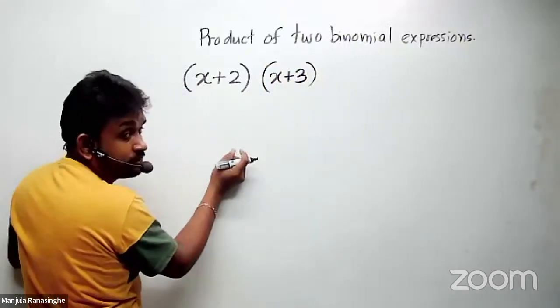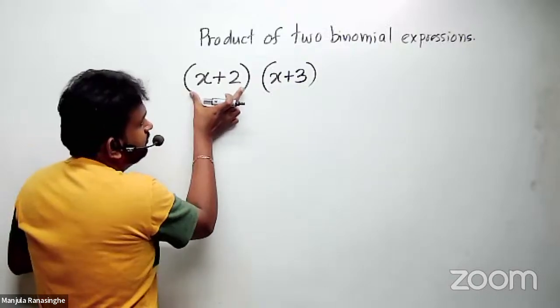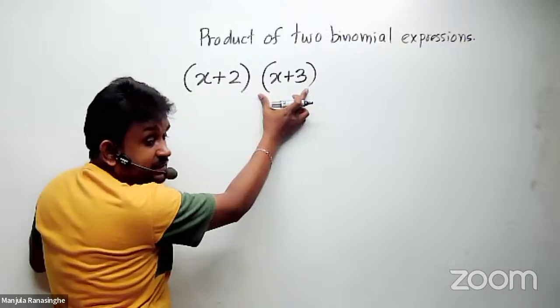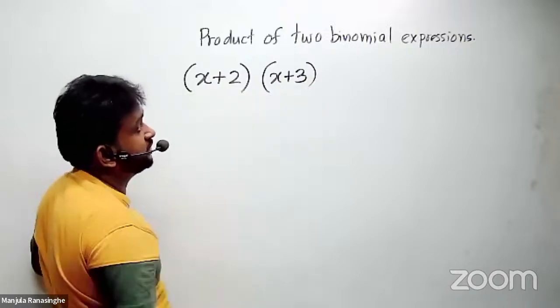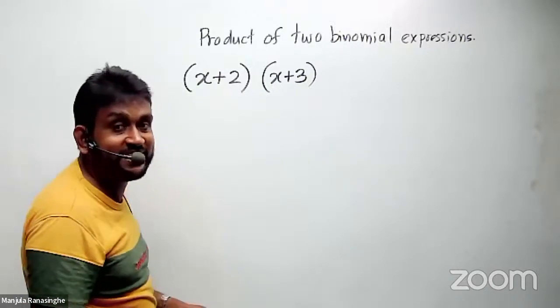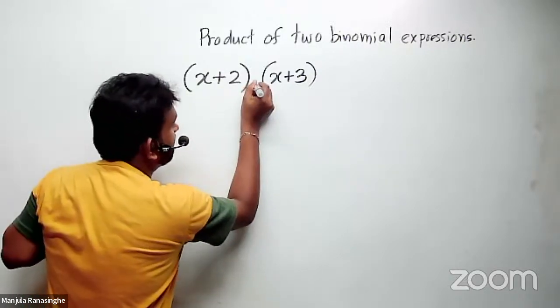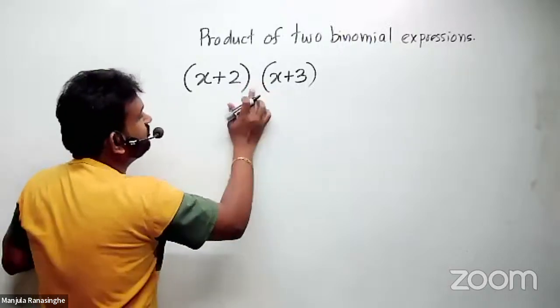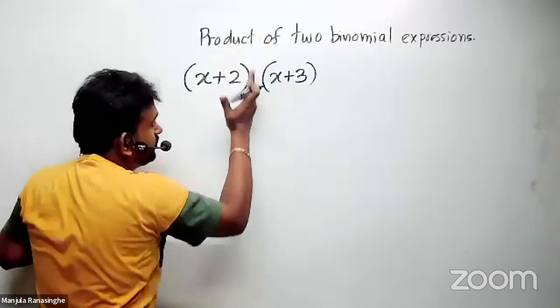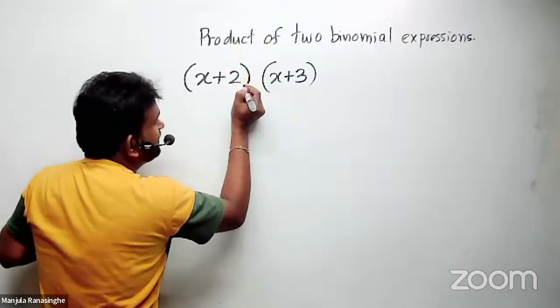So now I have two binomial expressions, and here I need to find the multiplication product. Product means the multiplication. If we write them with two brackets, then these are the two expressions, and in between them the product is already established.